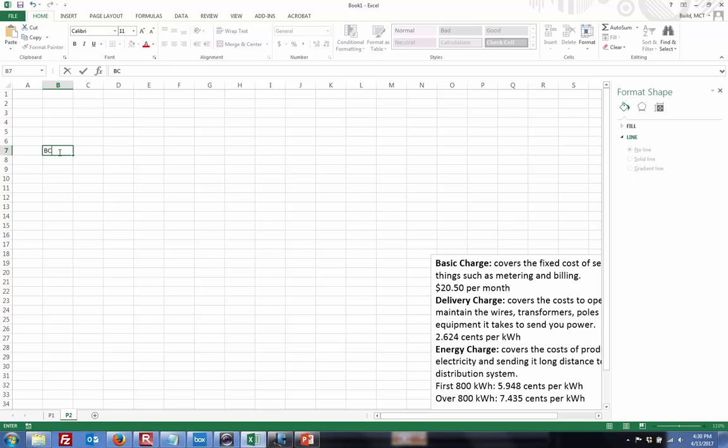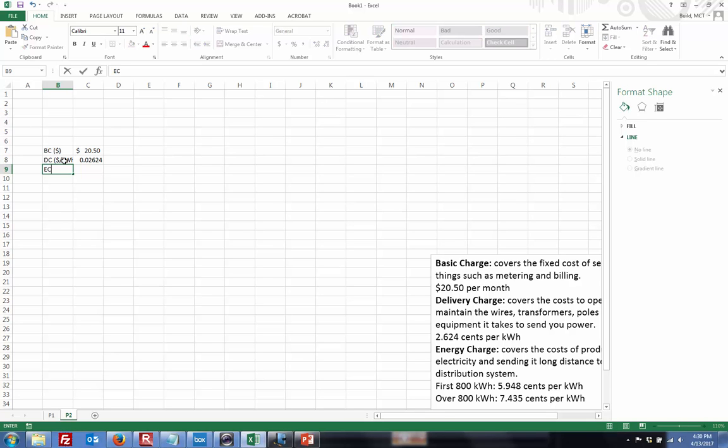So basic charge, it's going to be in dollars, is $20.50. The delivery charge, this is in dollars per kilowatt hour, is 0.02624.